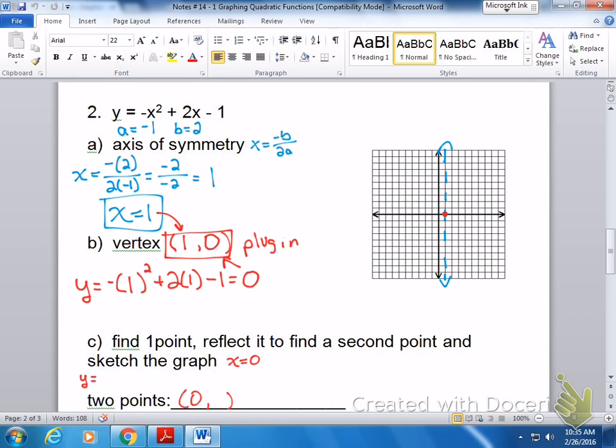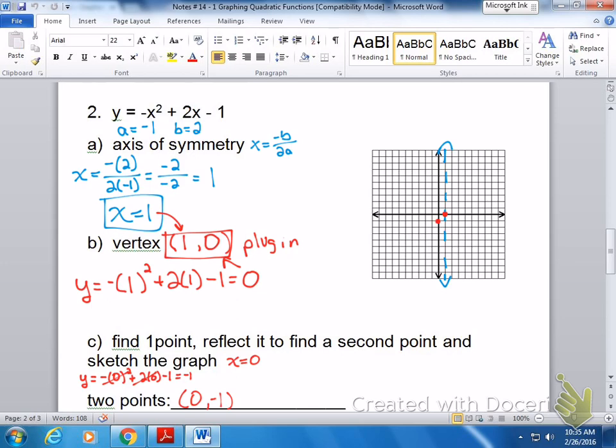I have y equals negative times something squared plus 2 times something minus 1. Well, I'm plugging in 0 to both of these, and just like last time, why it's so easy to use is 0 squared is 0, 2 times 0 is 0, and that gives me that my y value is negative 1. So I'm going to go over and plot 0, negative 1, which would be about right here.